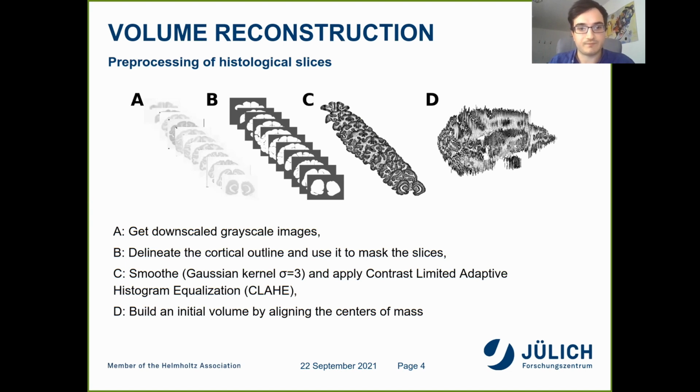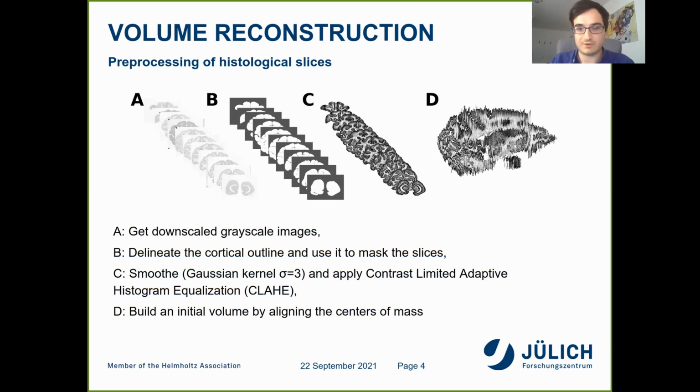We masked our slices with that, essentially removing the background. And then we smoothed, and we also equalized the gray values of our images, so basically to have a uniform color across the entire volume. And then we built one initial volume, which would look something like this.